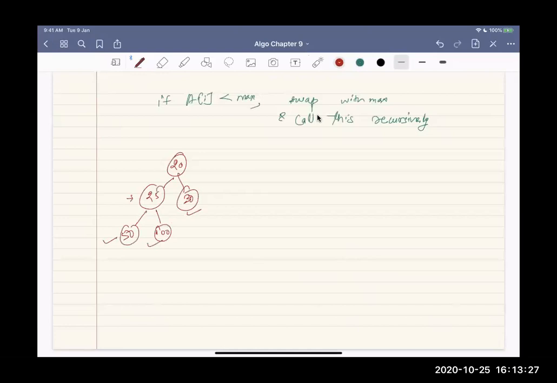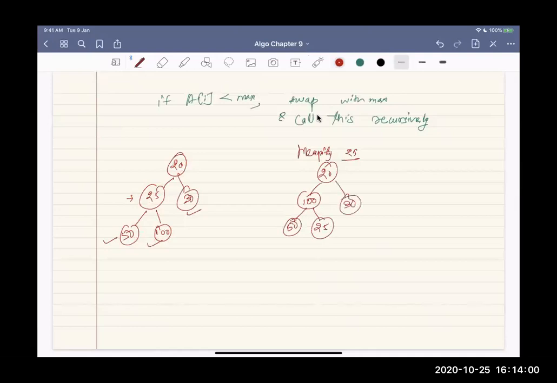So I want to heapify at that node. So you compare 25 with the children. Maximum is 100, right? So you put 100 here and this particular thing is a heap now. That's all. You don't have to worry about what is above. So you go 20, 100, 50, 25, and 30.